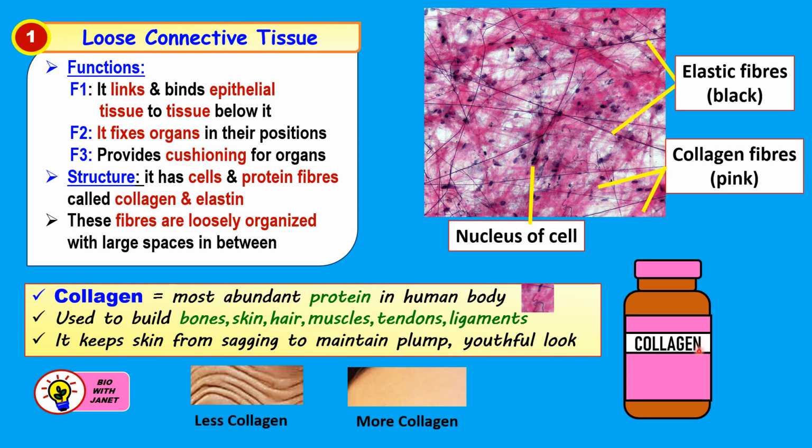So collagen supplements such as collagen pills and collagen in liquid form are touted to increase the collagen in people who take these supplements. Okay, but the pros and cons of collagen supplements is still being researched.